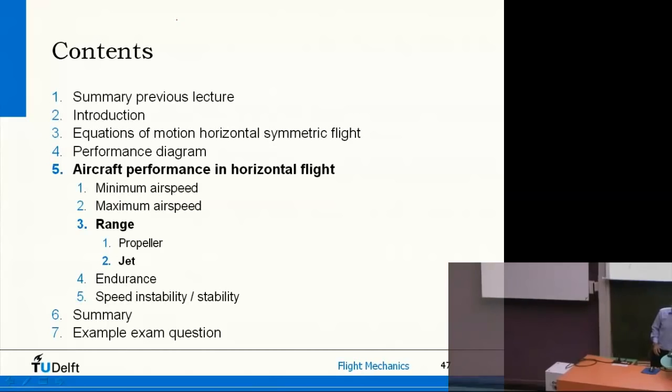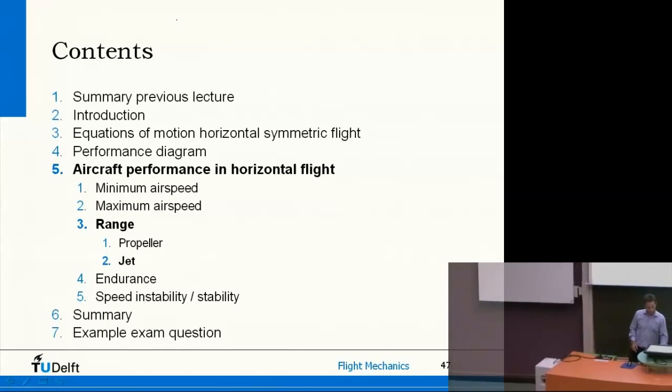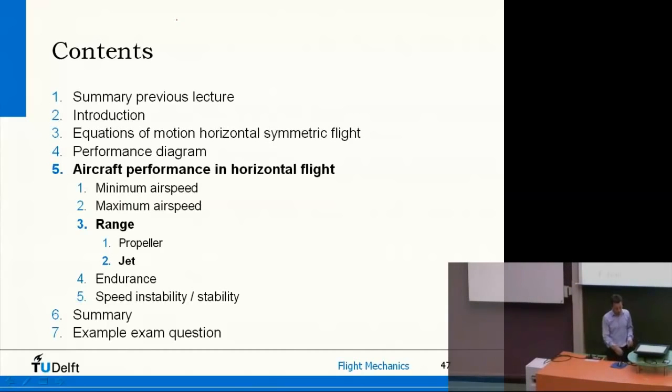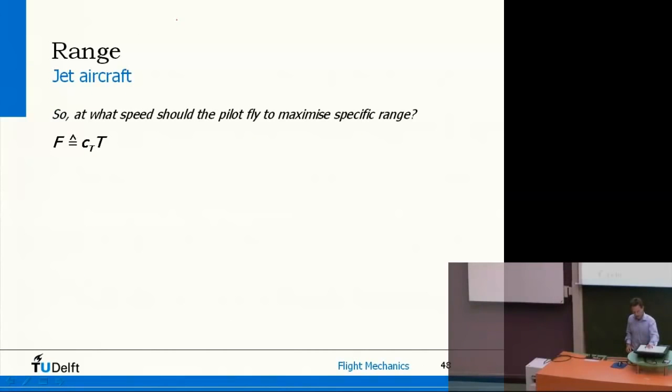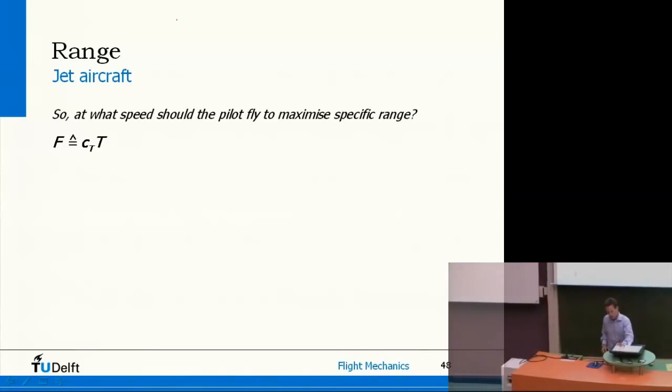So if we talk about jet aircraft, what we want to do is maximize specific range. So that's specific range, V over F, so distance per unit of fuel. Now, by definition, I can say fuel flow for a jet aircraft depends on the thrust you're actually generating through some parameter CT.